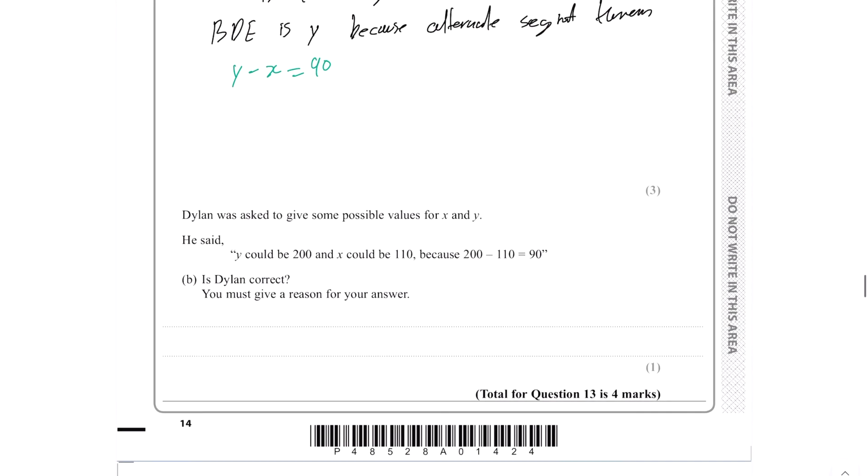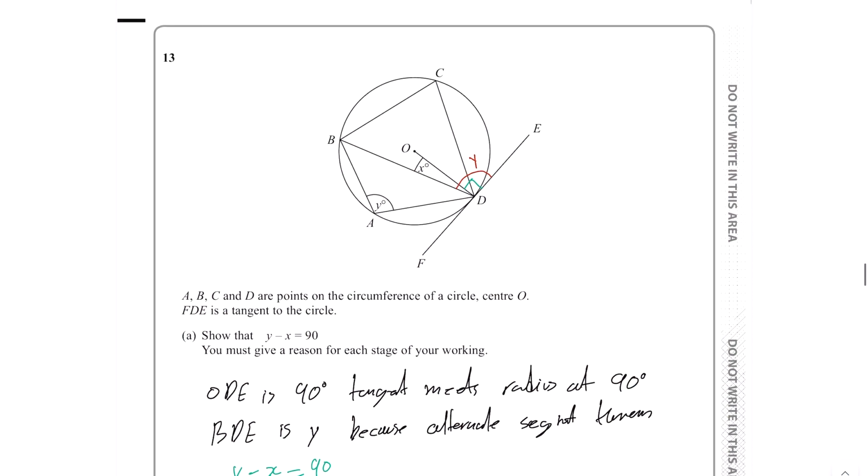Dylan was asked to give some possible values of x and y. He said y could be 200 and x could be 110 because 200 minus 110 is equal to 90 degrees. Is Dylan correct? Now in this case, you can notice y is here. And if I was to just get my highlighter, this is a triangle, and that triangle has y in it.